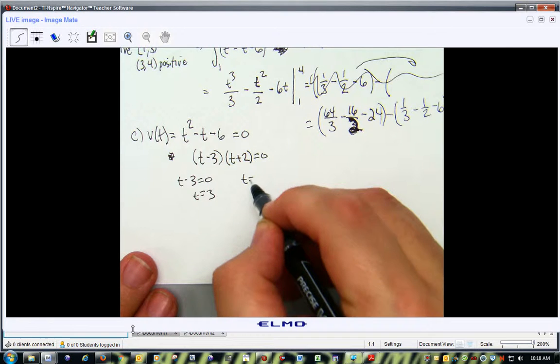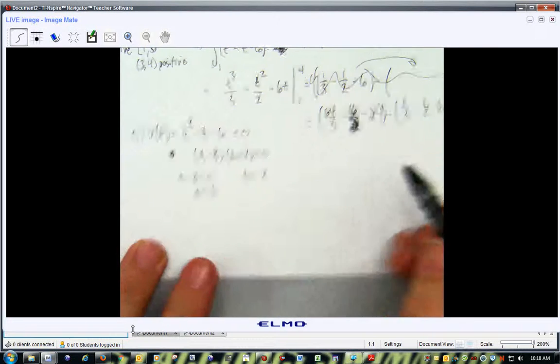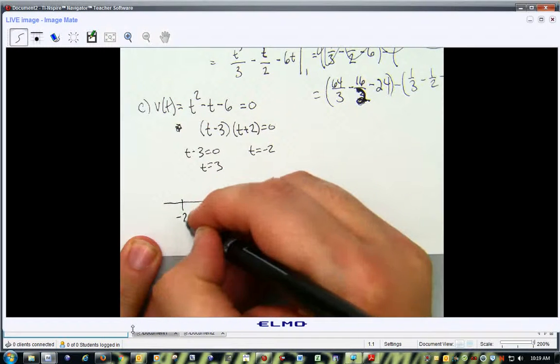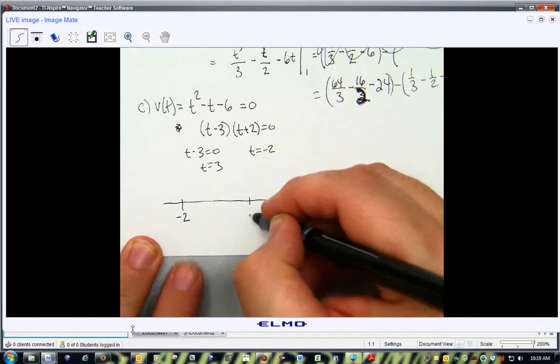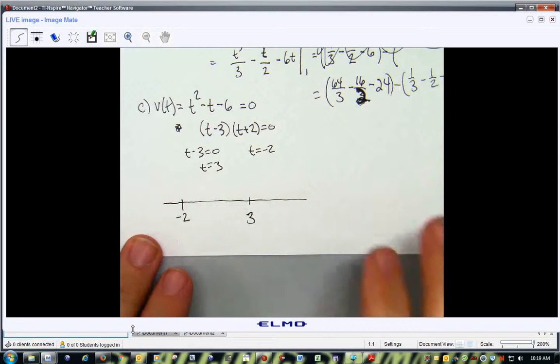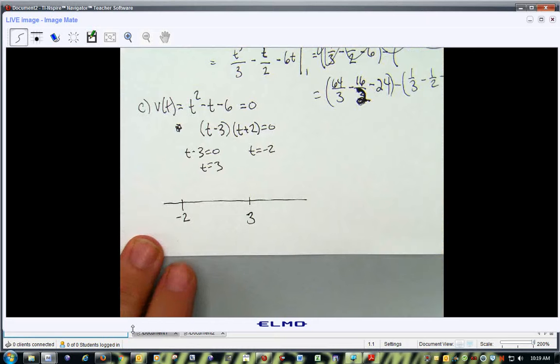So if I'm doing a number line here, negative 2 and positive 3, but what am I really concerned with? What's the region that I really care about? 1 to 4.